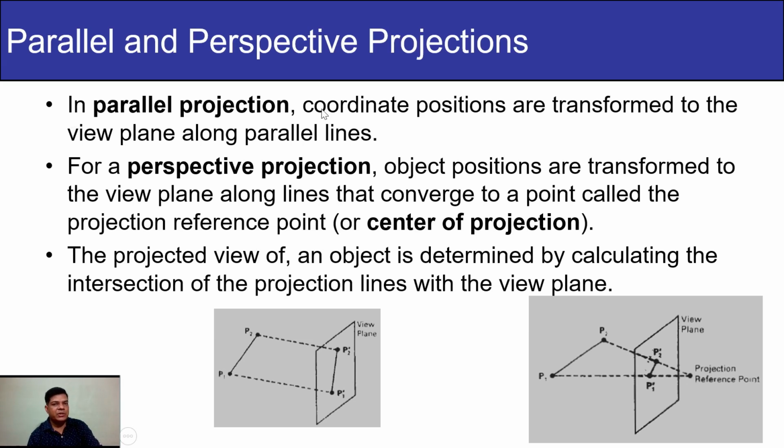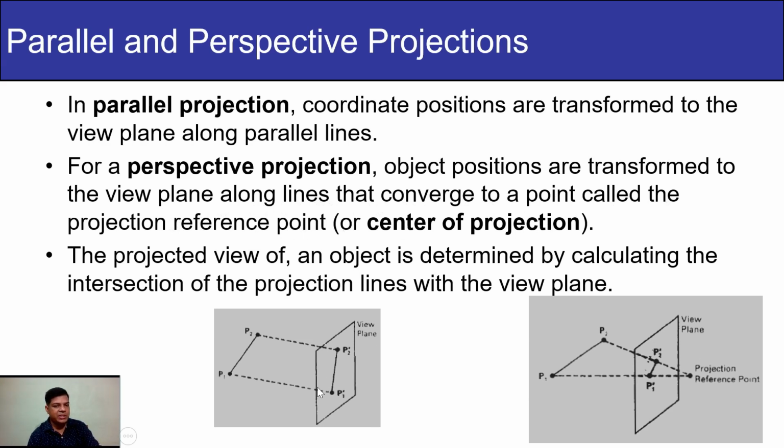In parallel projection, coordinate positions are transformed to the view plane along parallel lines. While in perspective projection, object positions are transformed to the view plane along lines that converge to a point called the projection reference point or center of projection.